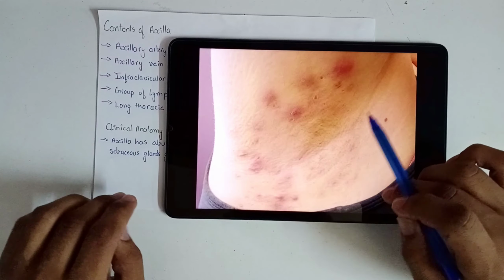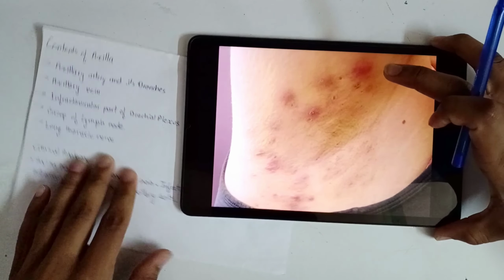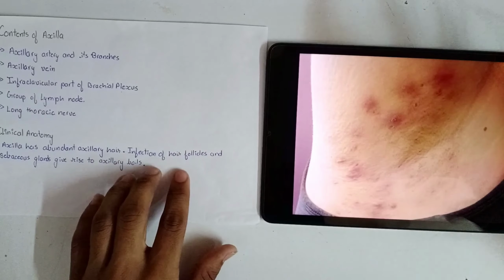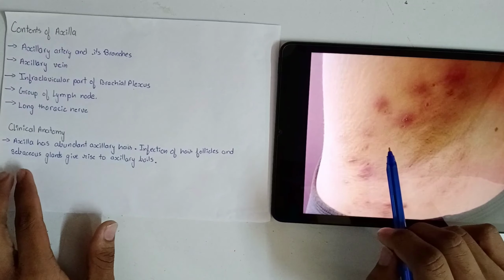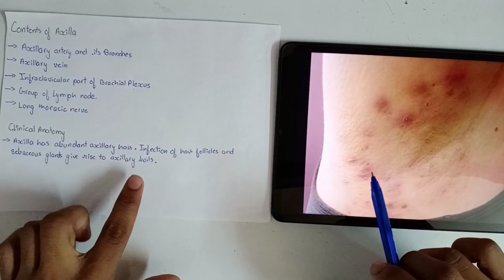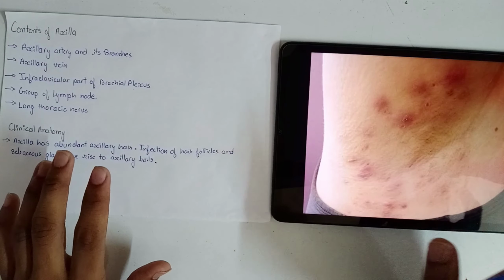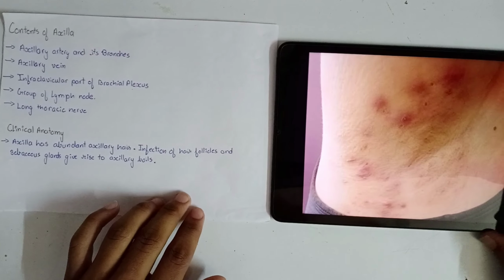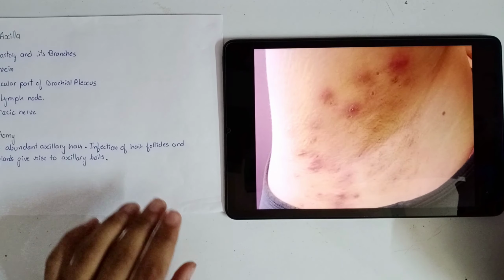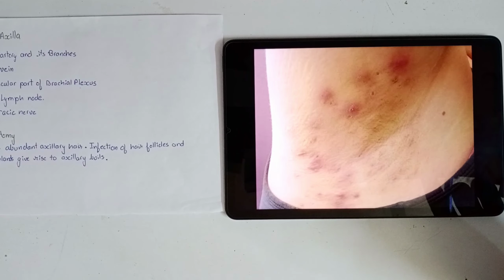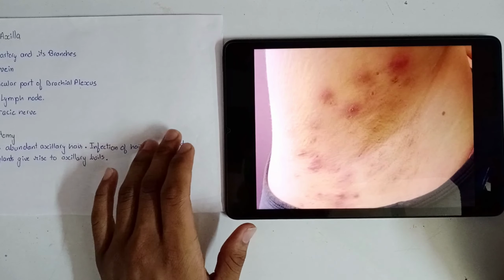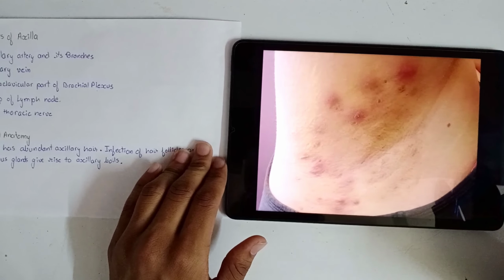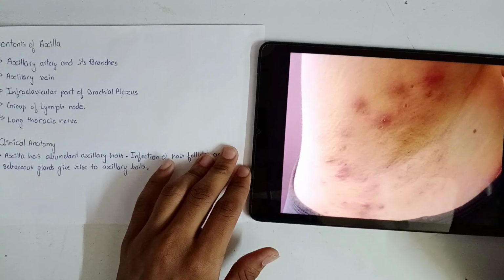This is the axilla. These boils are very painful because the axilla has a high nerve supply, and because of that any infection or axillary boil is very painful.